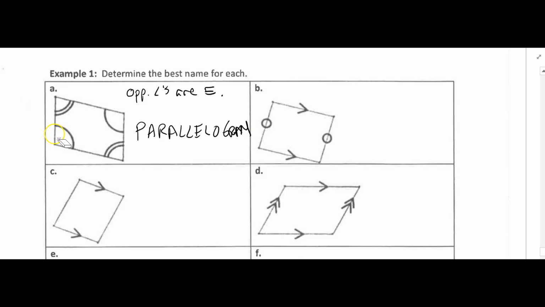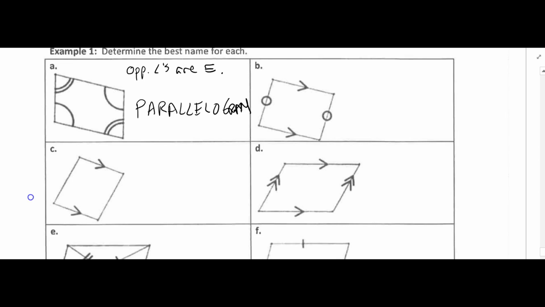Well, it's not going to be a square, because if it was a square, all of these angles would be congruent to each other. It's not going to be a rhombus, because we don't know that all the sides are congruent. It's not going to be a square for some of the same reasons. So you have to reason through with all your properties and figure out which one it is.